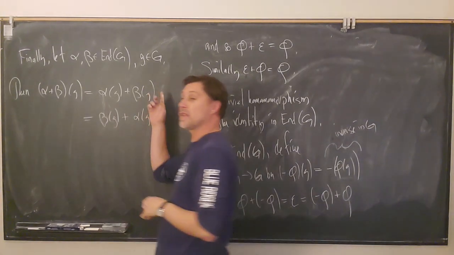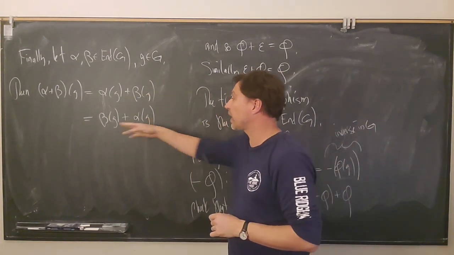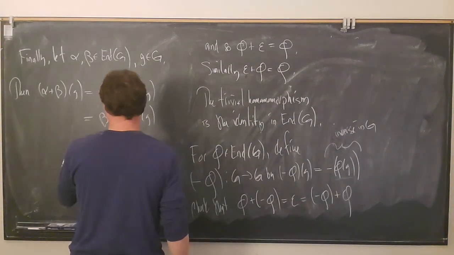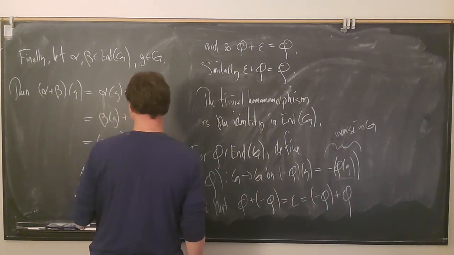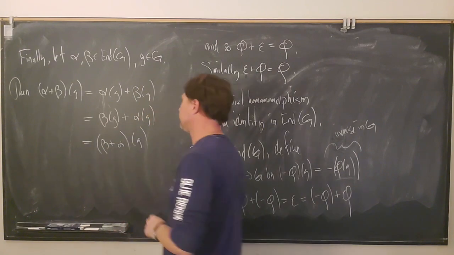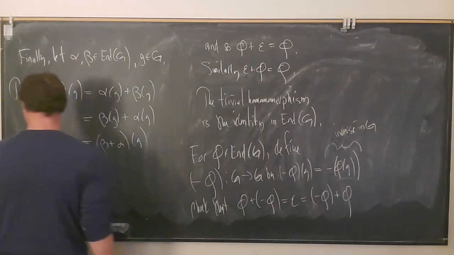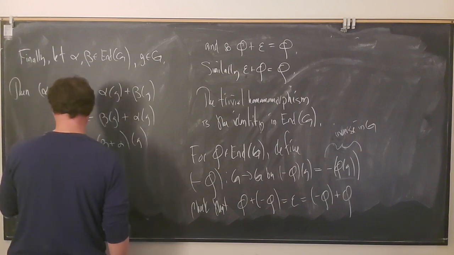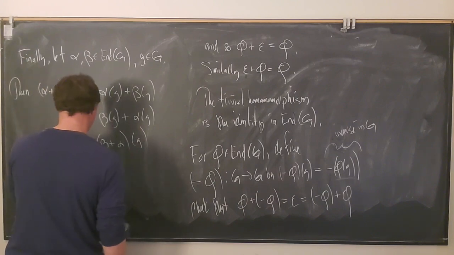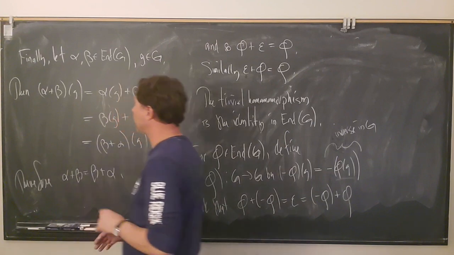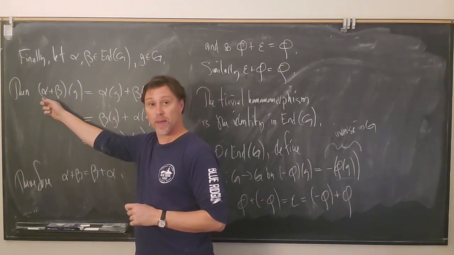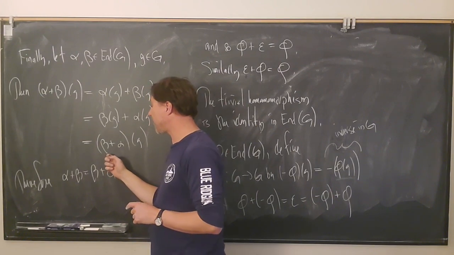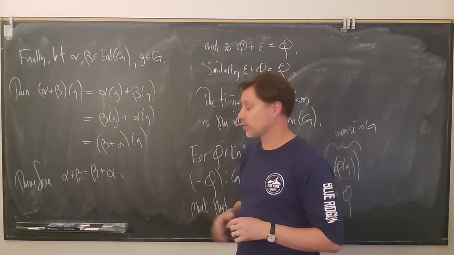Here we're using the fact that G is an abelian group, so I can reverse the order. And then that's equal to beta plus alpha of g. Therefore alpha plus beta equals beta plus alpha. We've shown that this function, alpha plus beta, does exactly the same thing to every element as beta plus alpha. That means that they're the same function.